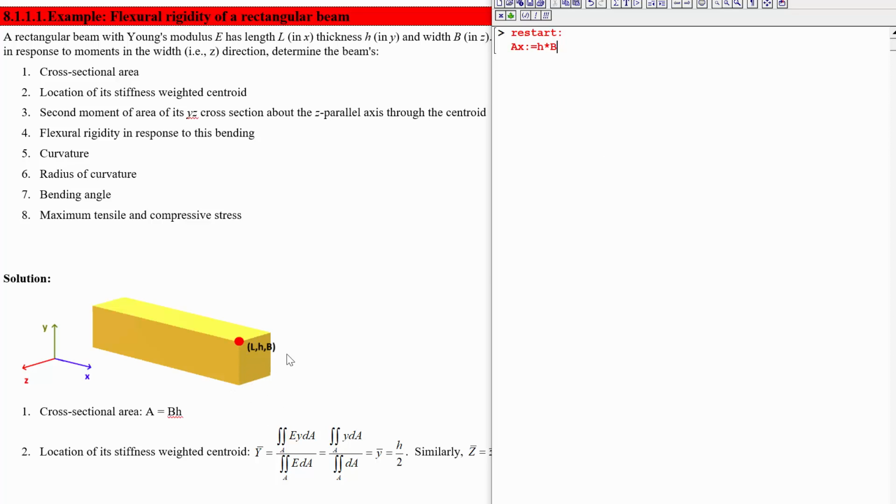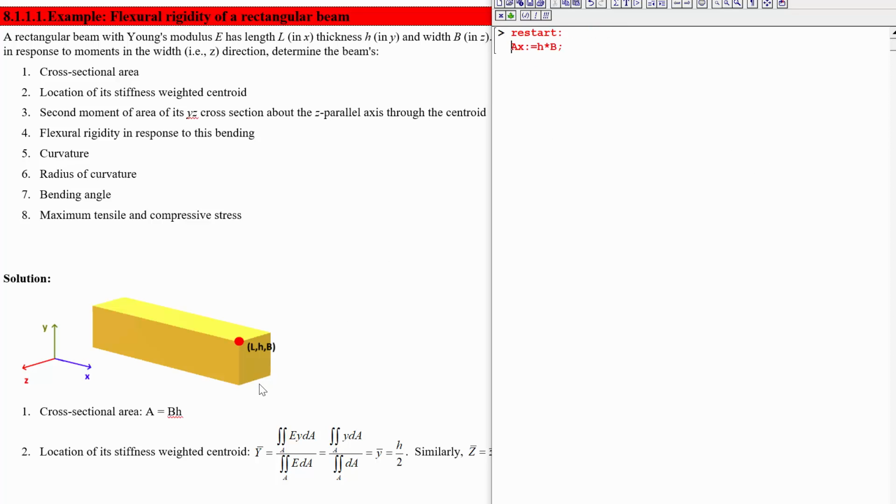Maybe we can write down what those things are. We might call them LX, LY, LZ. I guess that's a little bit easier to remember, but we've got it here in the picture. So the length in X is L, the length in Y is H, and the length in Z is B. Okay, so there's the cross-sectional area.